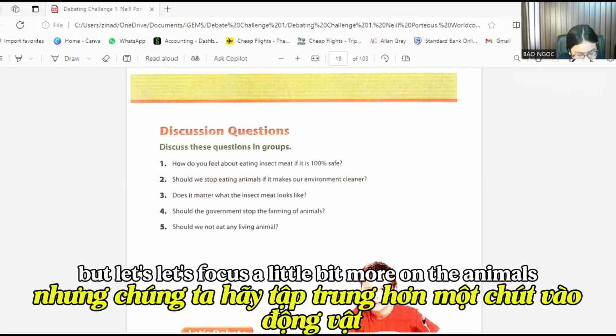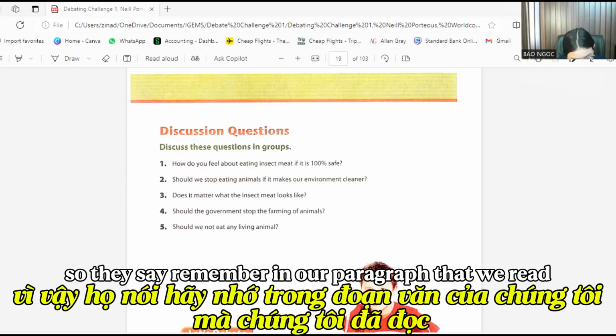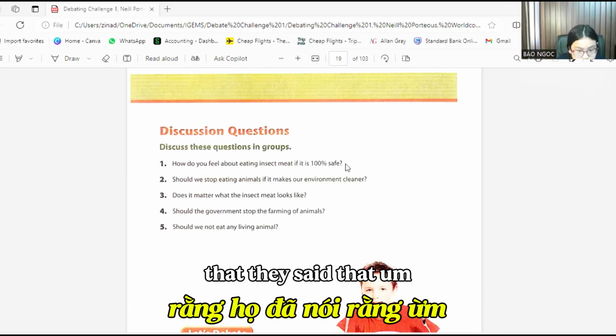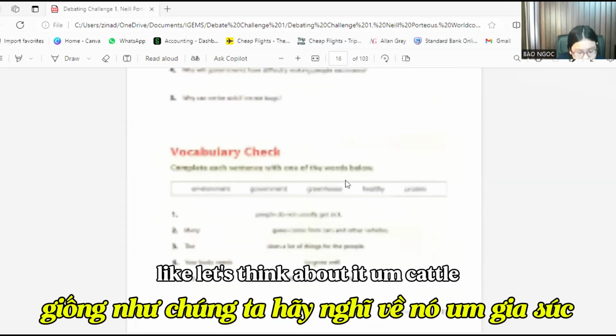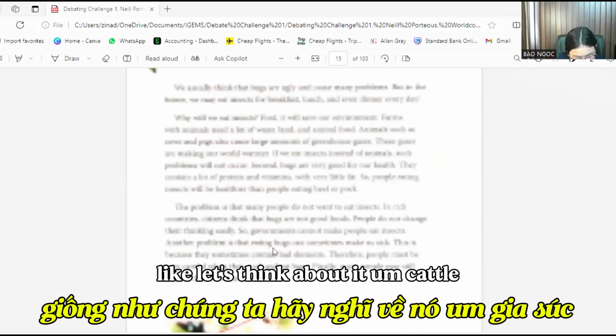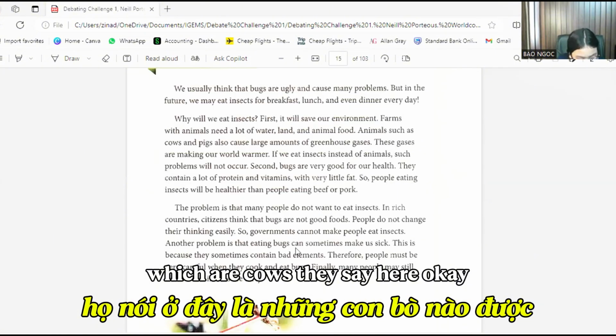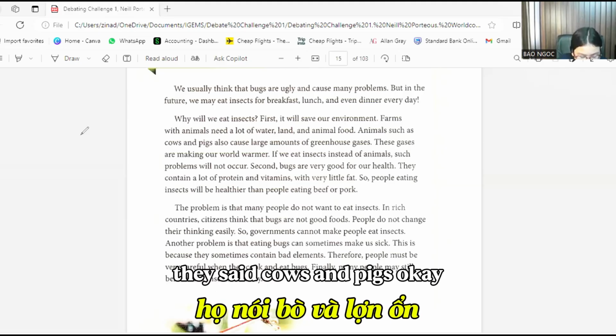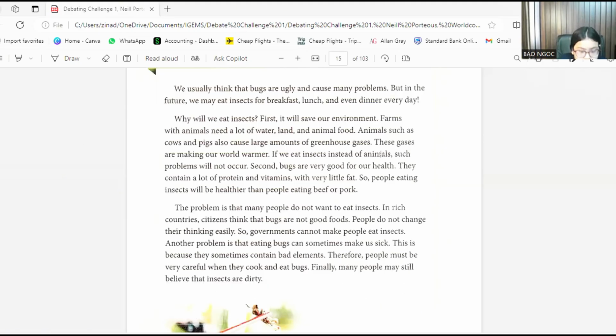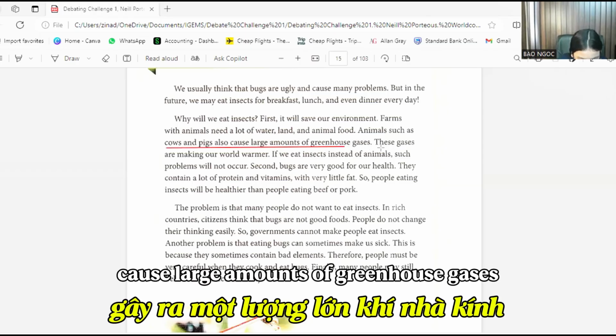But let's focus a little bit more on the animals. Remember in our paragraph that we read, they said that because there are so many animals, like cattle, which are cows, they say here, I'm gonna underline the sentence. They said cows and pigs cause large amounts of greenhouse gases.